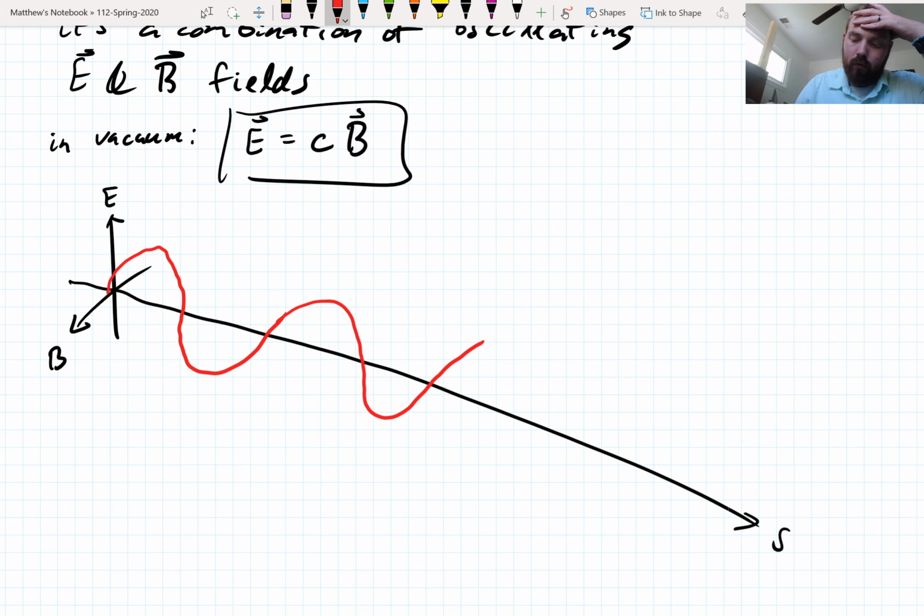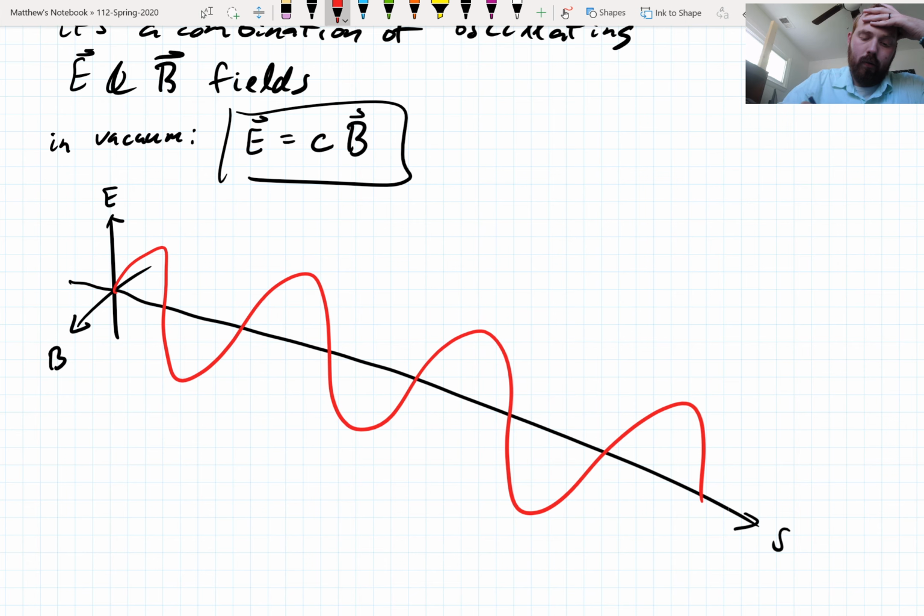I'll do this a little bit faster, because I want a cleaner curve. Whenever the electric field is changing, going up, down, up, down, by Faraday's, Ampere's, Maxwell's laws as the catch-all, if there's a changing electric field, there must be a changing magnetic field. And it turns out to be always perpendicular.